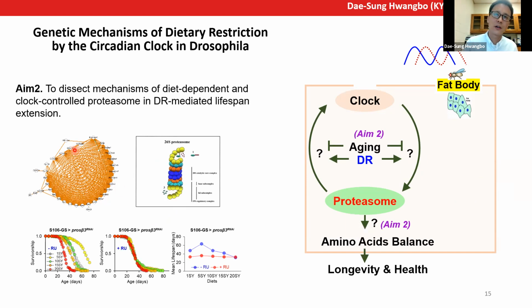So the second aim is a very specific example of clock-controlled genes. To make a long story short, using a bioinformatic approach from my collaborators, we found some genes, especially in the proteasome subunits. You have roughly 30 subunits, and the proteasome is important for cellular degradation of damaged proteins, or unnecessary transcription factors after they are done with their job, or misfolded ones.